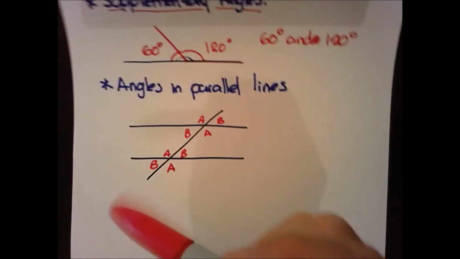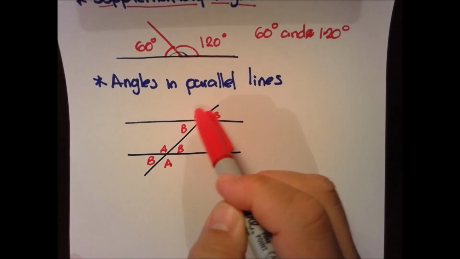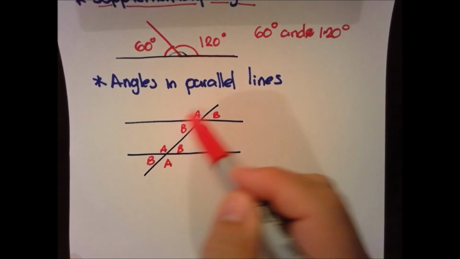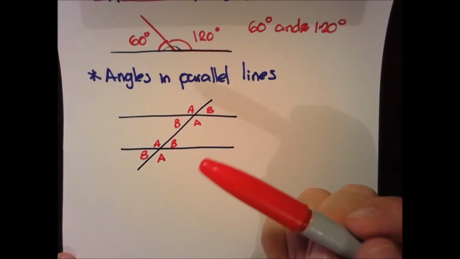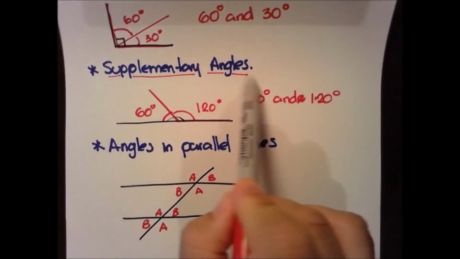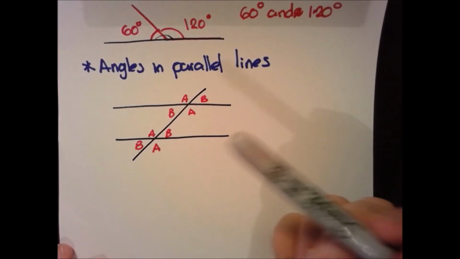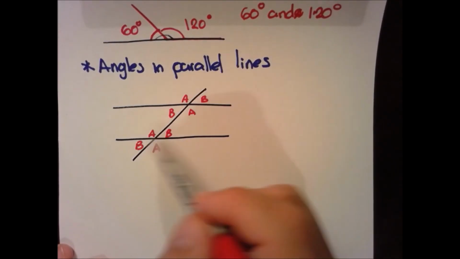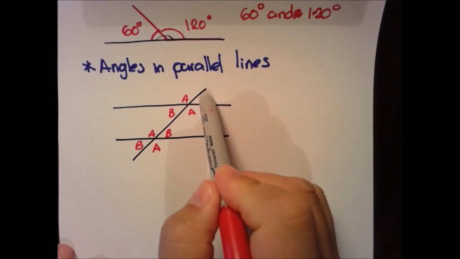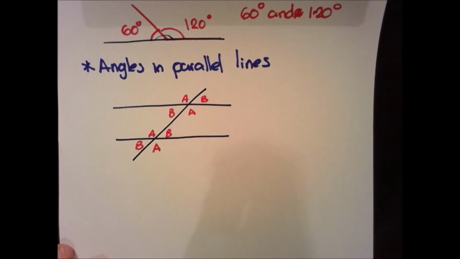Sometimes when you have a problem and you have, for example, only this measure, completing all the information is very easy, because you know that here you have only supplementary angles. So you just need to take the difference with 180, and then you get this angle B, and then you can reproduce it in the other angles over here. This happens when you have angles in parallel lines.